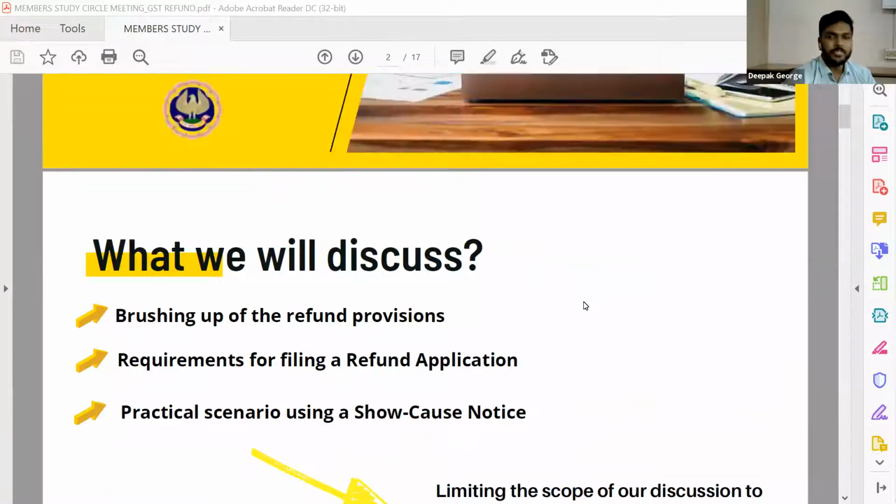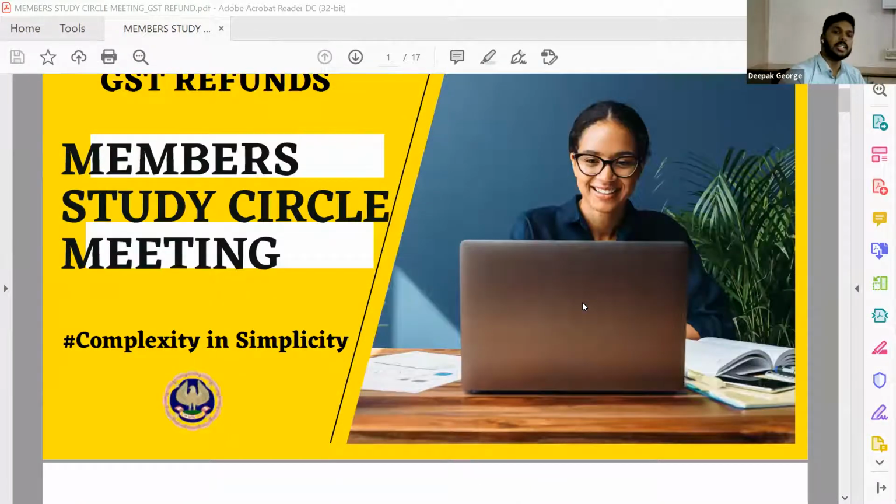And why I have themed this study circle as complexity and simplicity is because GST refund is completely online. All circulars and notifications say that GST refund should be completely online. There's no physical mode ever existing in GST refunds.